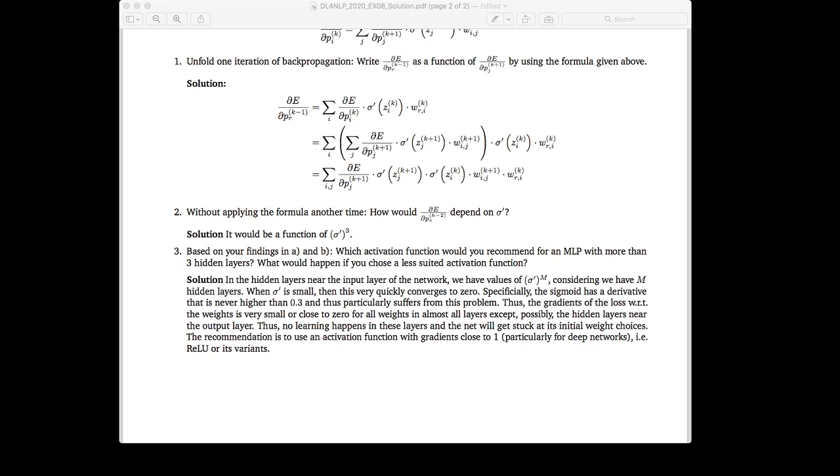sigma prime m times, right? And so the sigma prime means the derivative of an activation function.